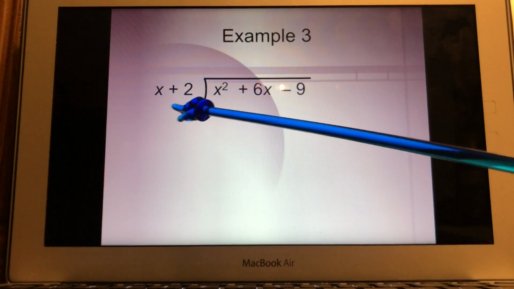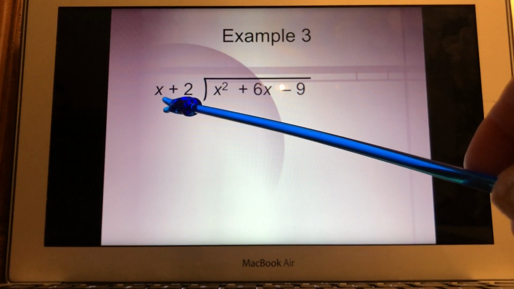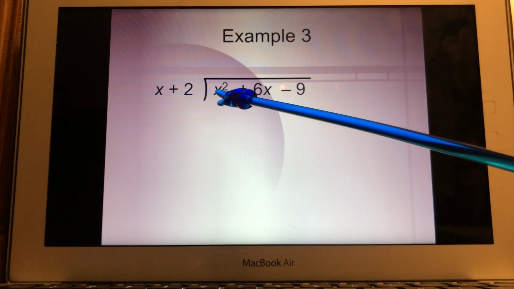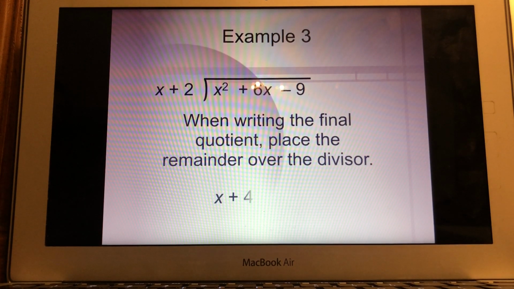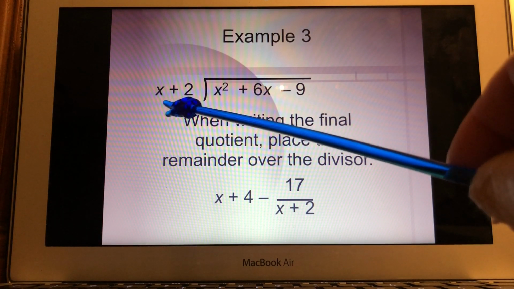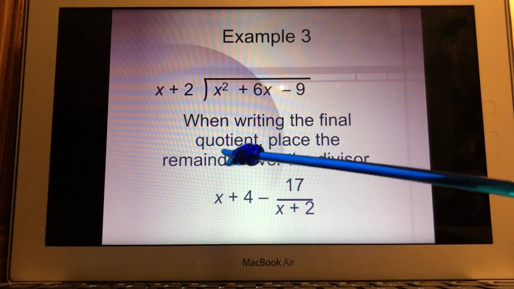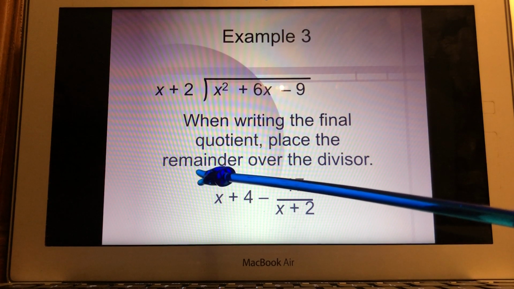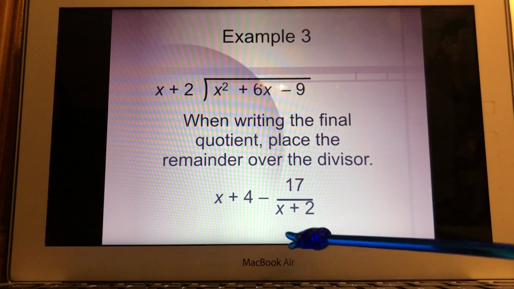Let's take a look here. If I have x plus 2 divided into this polynomial, what times x gives me x squared? So when we worked out the long division already, okay? When you're writing the final quotient, place the remainder over the divisor.